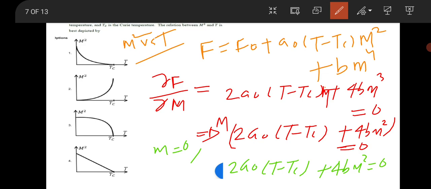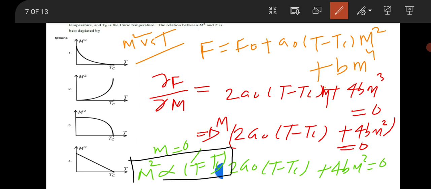If you take all the constants 2A0 and 4B as a single constant, then our relation will be m^2 is proportional to T - Tc. So this is important: m^2 varies directly with T - Tc.